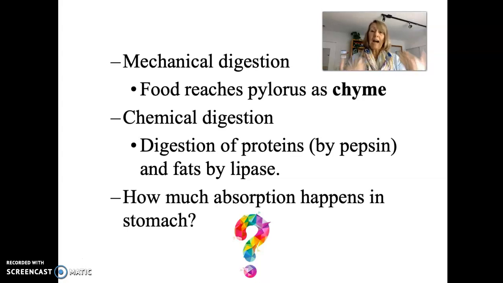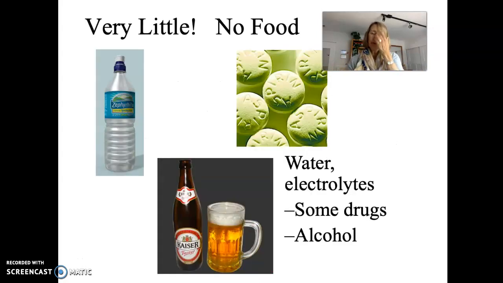The question is, how much absorption happens in the stomach, if any? Well, the answer is very little. No food is absorbed in the stomach. That is going to be absorbed later in the small intestine. But water is, electrolytes are, some drugs are, and therefore they warn you, eat this with food, right? This medication, you should eat this with food, because if not, it might damage the walls of the stomach.